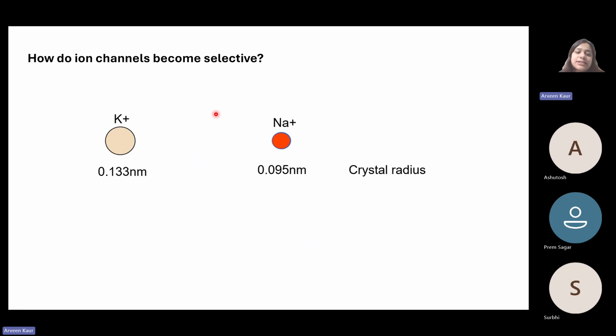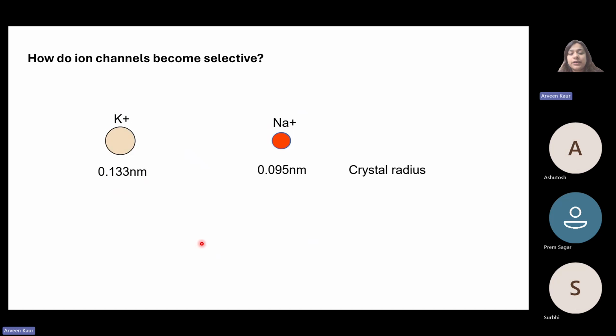But for instance, you can say that a smaller ion channel will let this thing pass, but it will not let this particular thing pass, right? Potassium will not be able to pass, right? But a bigger ion channel, which has a pore size equivalent to that of potassium, will let potassium pass, and it should also let sodium pass, right? Because sodium is smaller than potassium. So if it has a bigger pore size, then this can also pass.